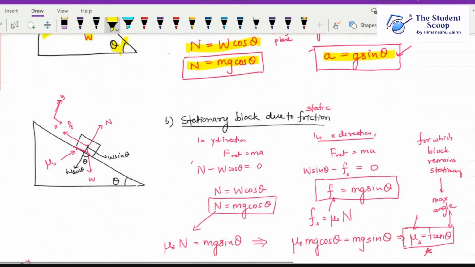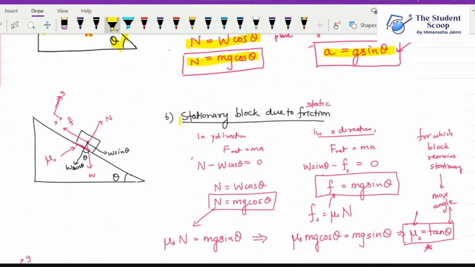What if the object is stationary? The object can only be stationary due to some kind of static friction. In this case, W sin theta is balanced by F, while W cos theta is balanced by N. So N can be written as mg cos theta, while in the X direction the forces are balanced, so friction is balanced by mg sin theta.